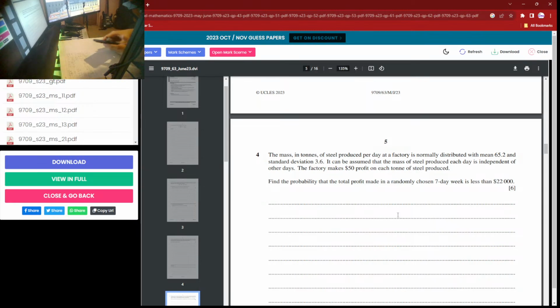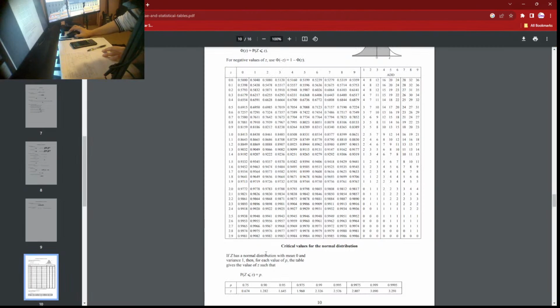So P of z less than negative 0.651 is 1 minus 0.7425, which gives us 0.2575, so it's 0.258. Okay, moving on.